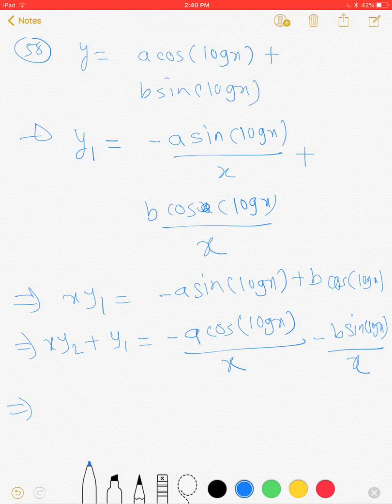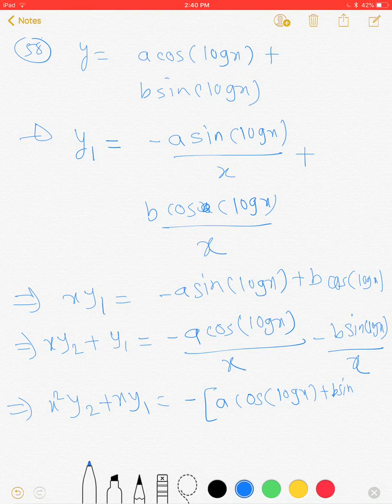Multiply x on both sides, so we get x square y2 plus x y1 is equal to, taking minus as common, a cos of log x plus b sine of log x.